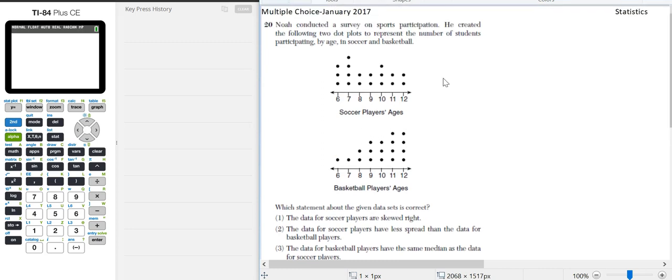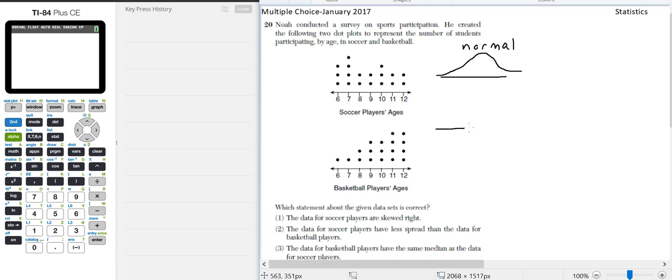Let's start with choice 1. The data for soccer players are skewed right. Is that true? The data for the soccer players looks like it's randomly distributed. A normal distribution looks like a bell curve. Normal distribution means there's few low values, then middle values, and few high values. That's normal.